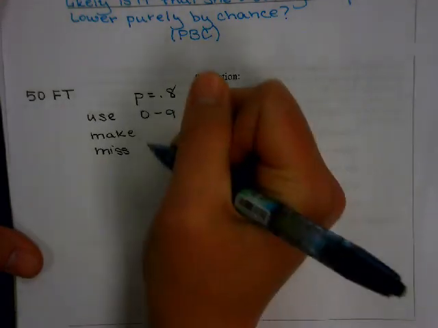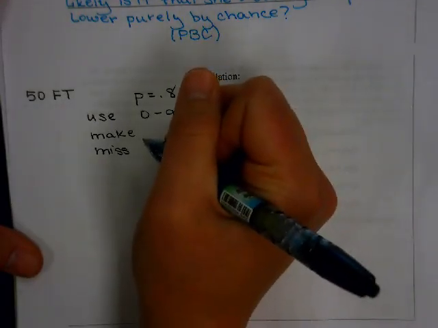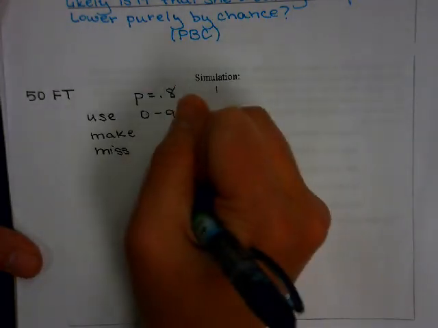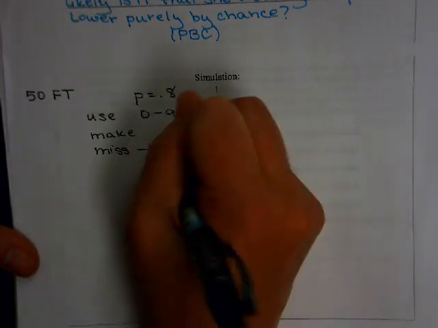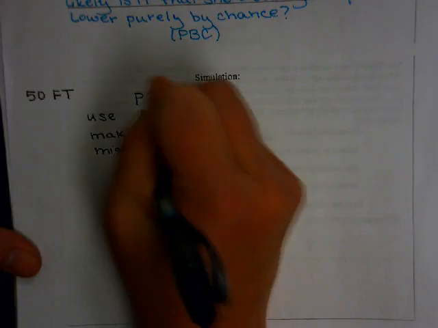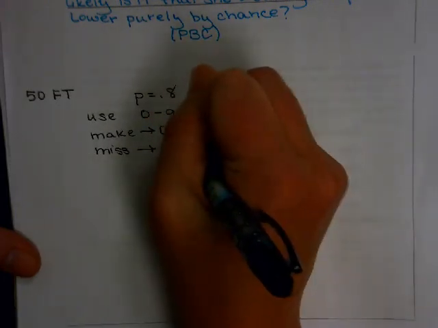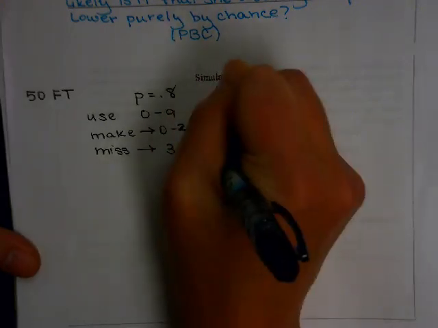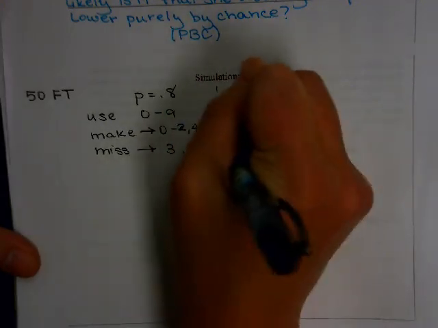Okay. Miss is 3 and 5, which means make is 0 through 2, 4, and 6 through 9. Oh, gosh. Nate! Why couldn't we just pick 1 and 2?